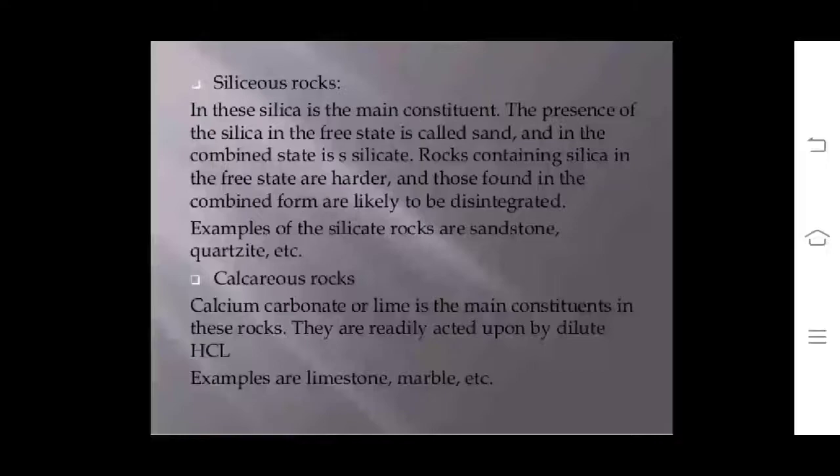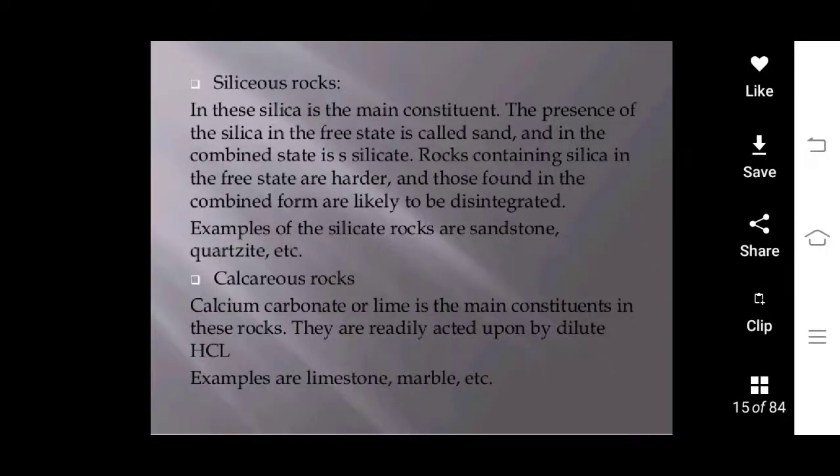Siliceous rocks. In these, silica is the main constituent. The presence of silica in the free state is called sand, and in the combined state is a silicate. Rocks containing silica in the free state are harder, and those found in the combined form are likely to disintegrate.